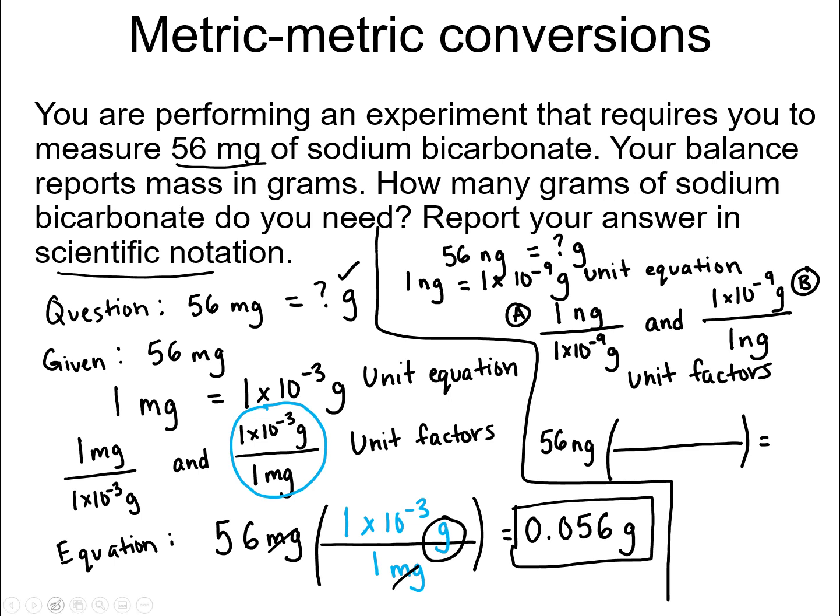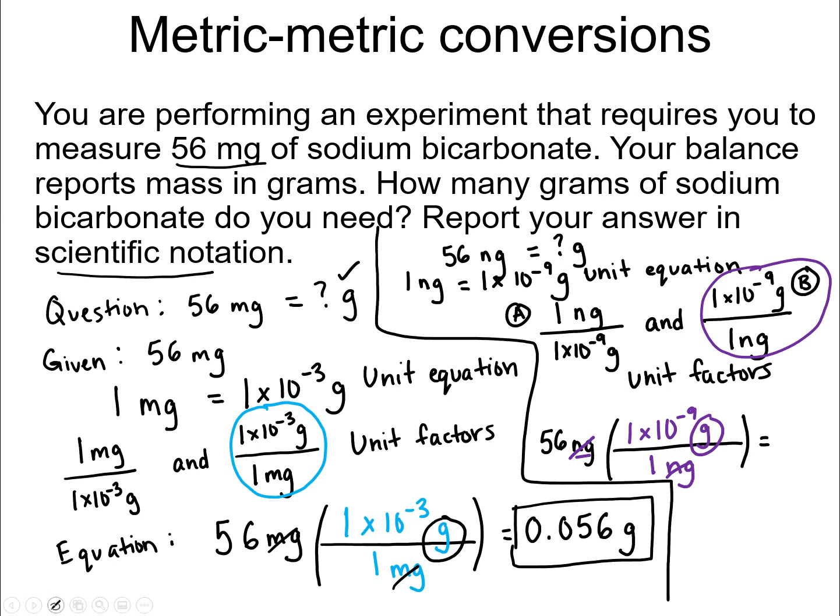Yes, we need to use B. We need to cancel out the nanograms. We've got nanograms in the numerator already with our 56 nanograms here. We need nanograms in the denominator so we can cancel those out and be left with grams.